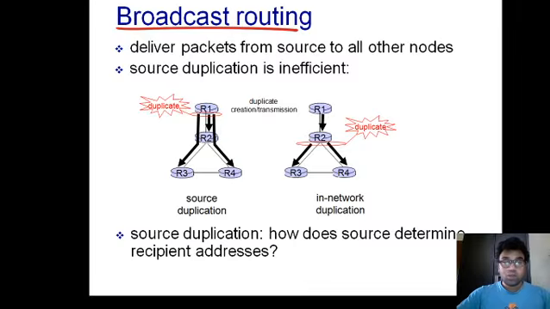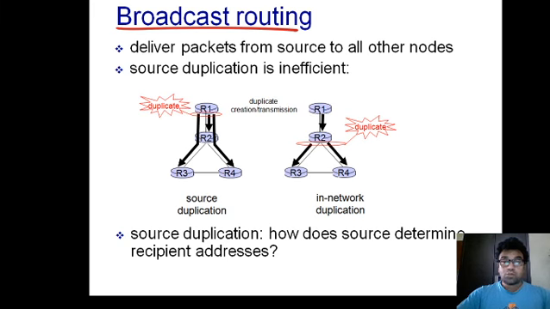Three things are there: unicasting, broadcasting, and multicasting. First of all, we should know what they all mean, and what the differences between them are. The first thing is unicasting.